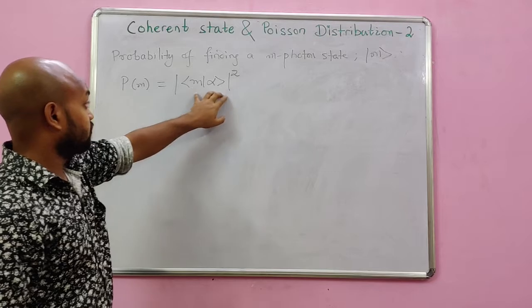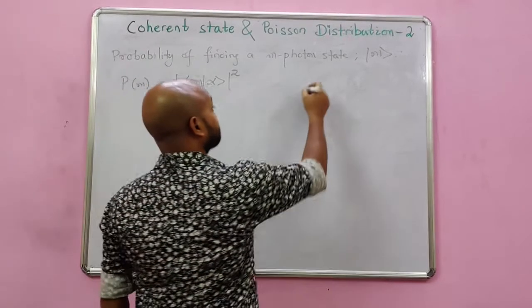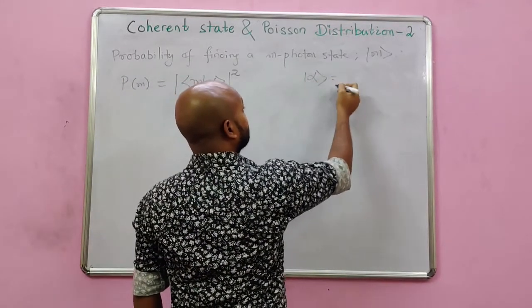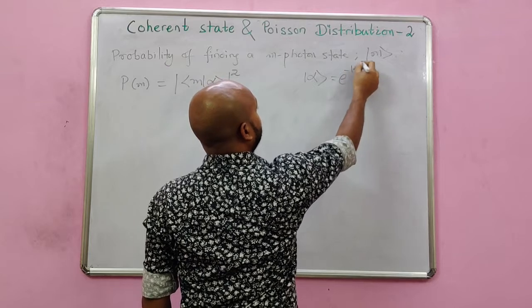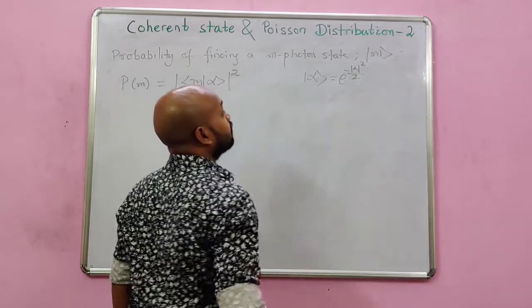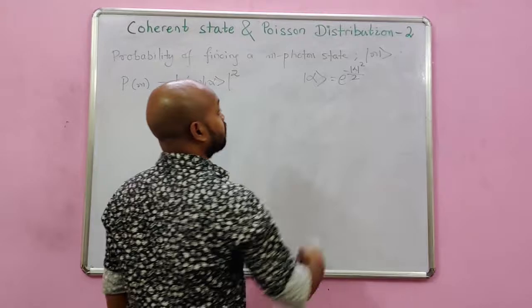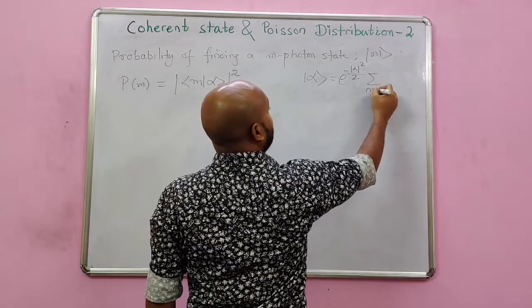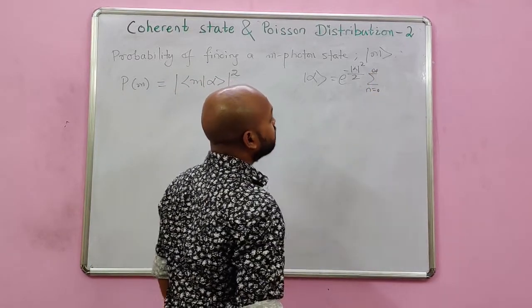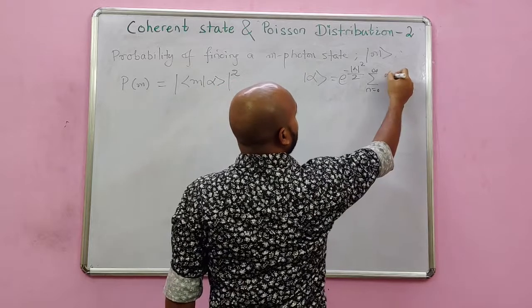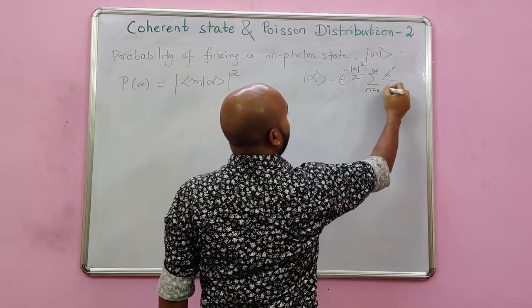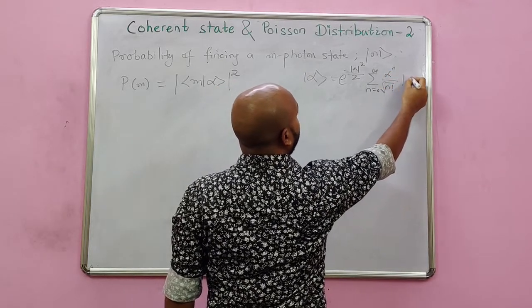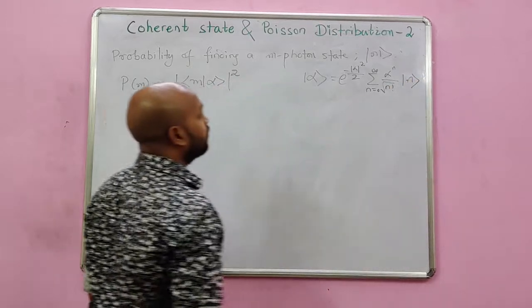Yes, because the coherent state gives us the superposition e power minus alpha mod square by 2, summation n equals 0 to infinity, alpha power n by root n factorial, ket n.